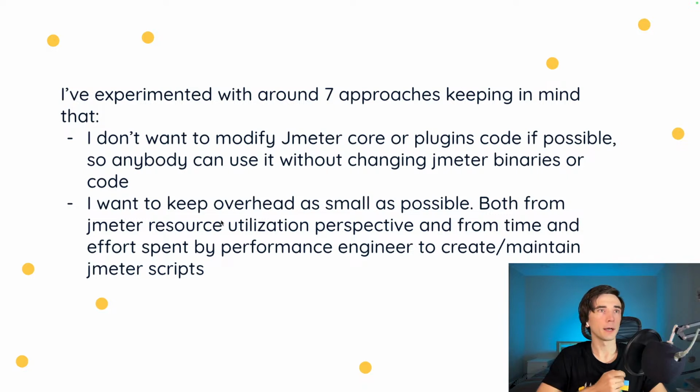First of all, I didn't want to modify any JMeter source code, core or plugins, because it will make it harder for other teams and everybody else to use it, because you will need to change the plugins and jar files themselves.